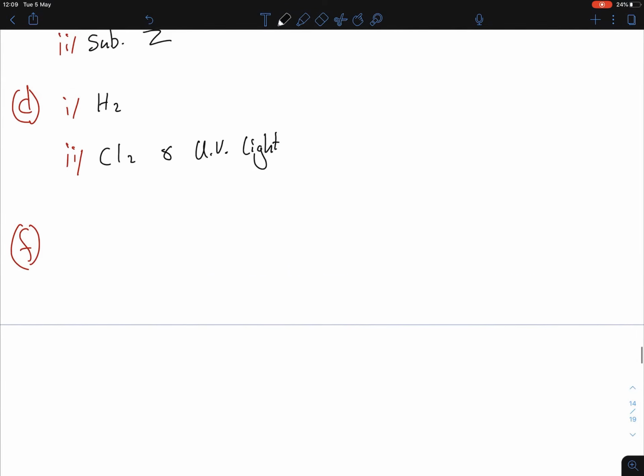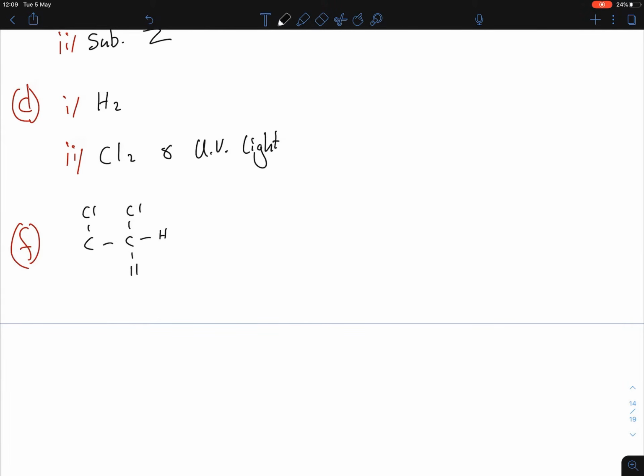So the first one is going to be 1,2-chloroalkane, or ethane to be precise. And the other one then is going to be chloroethene.